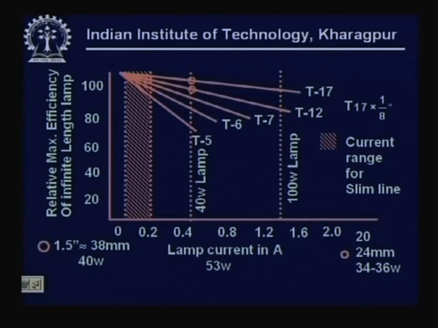Shaded zone is what we call for slim line. Now, here again, all of us have seen lamps which are called slim line. They are marked as 34 to 36 watts. See, the power level becomes very important because all the time for a light system, artificial light, we are talking in terms of the wattage, and for a benchmark or a comparison it would be the incandescent lamp.